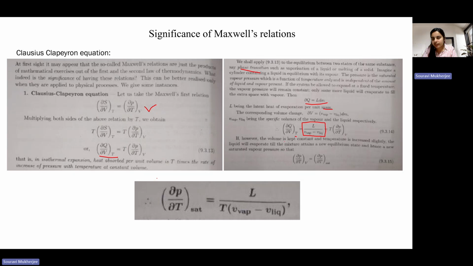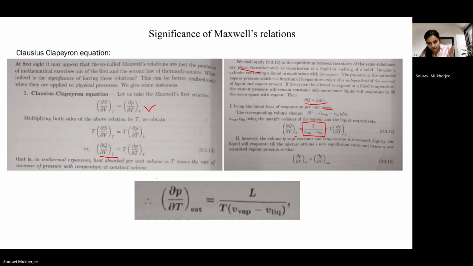It is telling you that while you can have a vaporization process going on, where the volume changes based on the specific volumes of the two different phases, there's a change in volume and there's a latent heat involved. So you can find a heat absorbed per unit volume kind of parameter at that constant temperature where this transition is happening. So this is an isothermal expansion, suppose. So the left hand side.